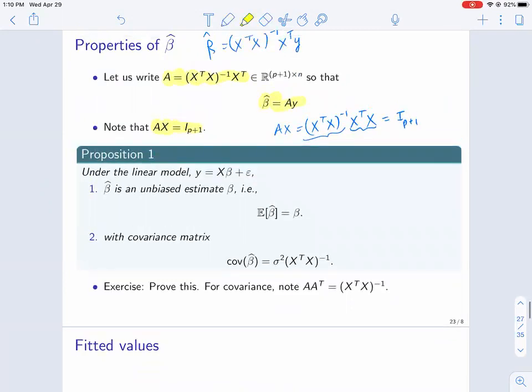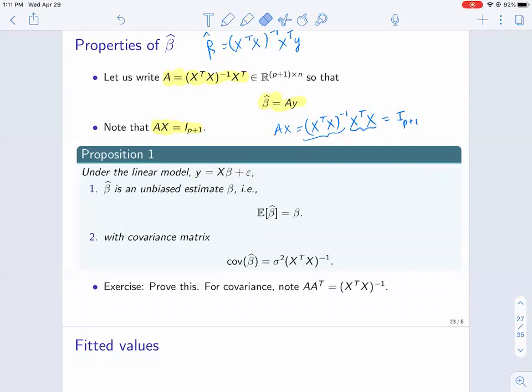Under this linear regression model, beta hat is an unbiased estimator of beta. What does it mean for beta hat to be unbiased for beta? When we talk about unbiasedness, we think about expectation. If the expectation of beta hat is exactly equal to beta, that means it's unbiased.